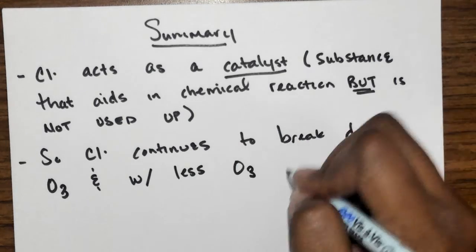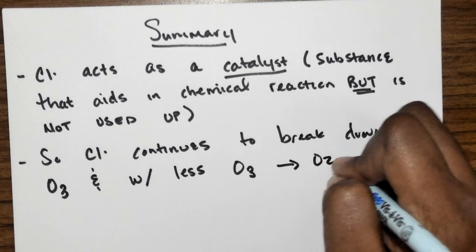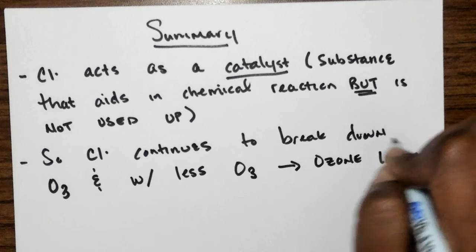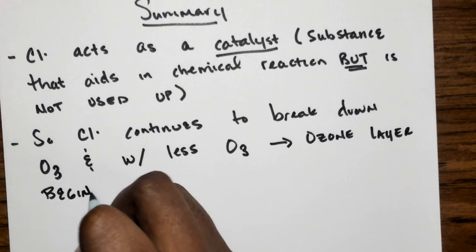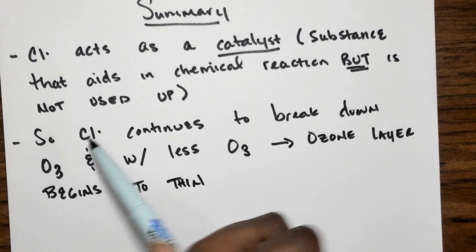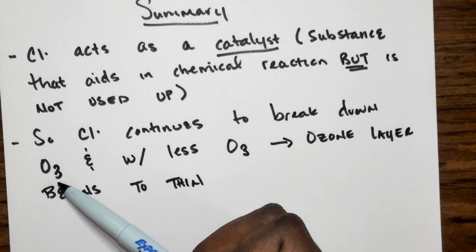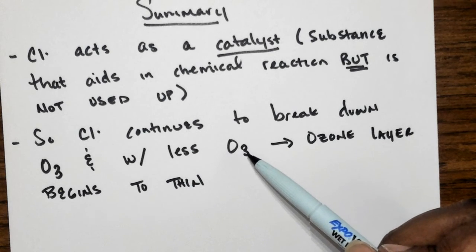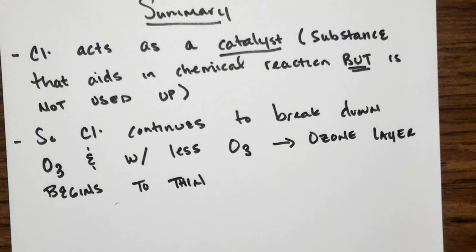And with less ozone, the ozone layer begins to thin. Your chlorine free radical continues to break down O3, and with less O3, the ozone layer begins to thin. And so we get that hole, we call it a hole in the ozone layer.